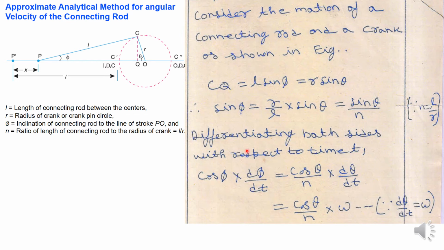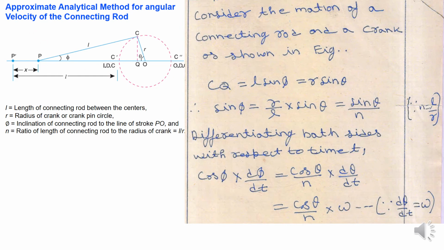So cos phi into d phi by dt is equal to cos theta by n multiplied by d theta by dt, and d theta by dt is known as omega, the angular velocity.